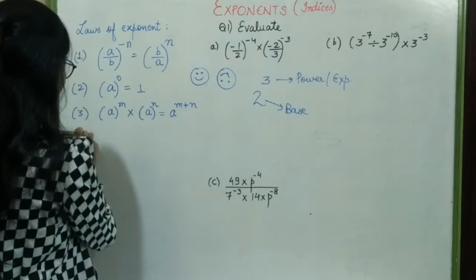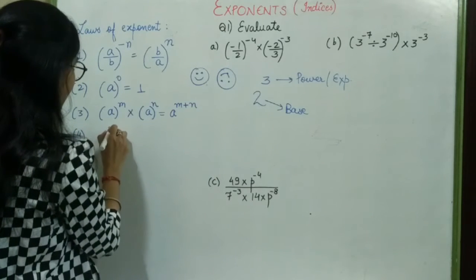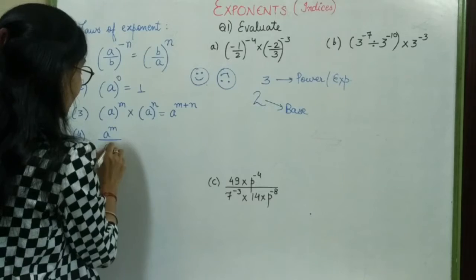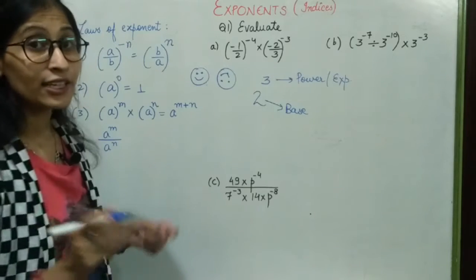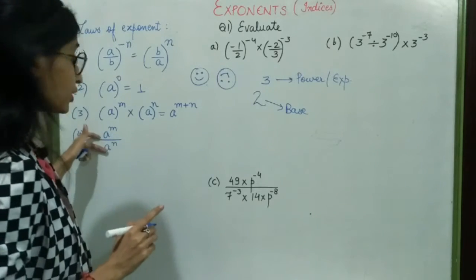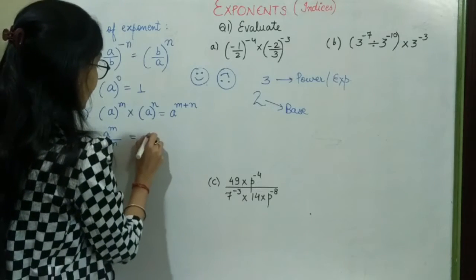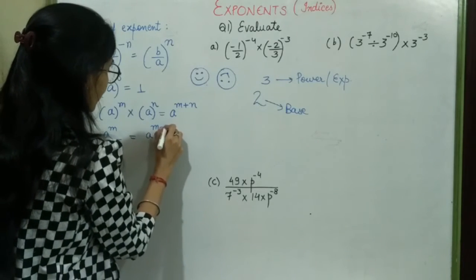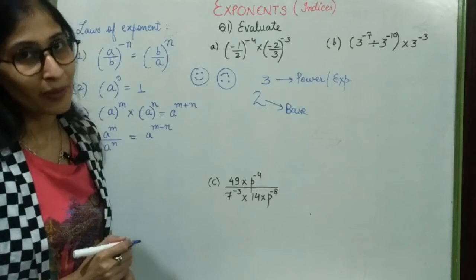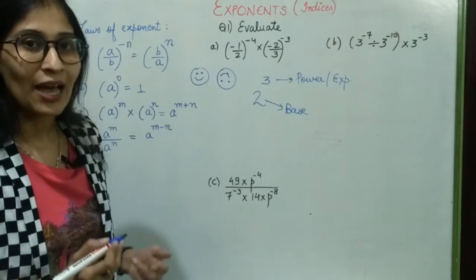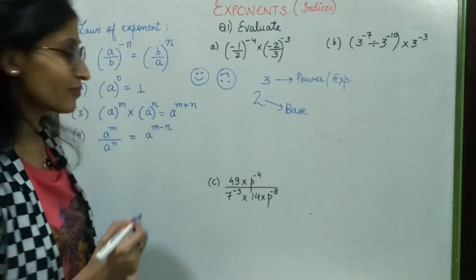Now the fourth law is a raised to power m divided by a raised to power n. If the base is same for the two numbers and powers are different and they are divided, then powers are subtracted. It will be equal to a raised to power m minus n.